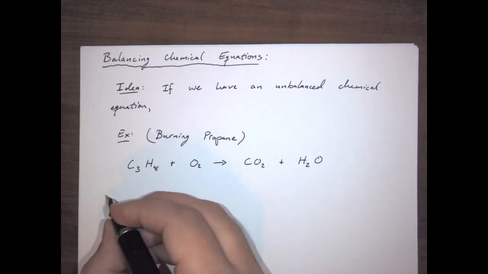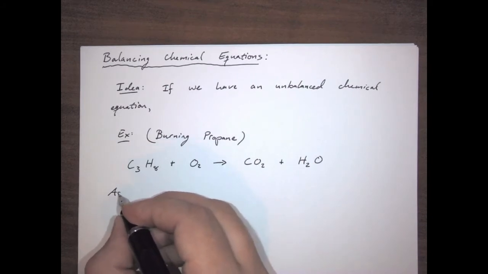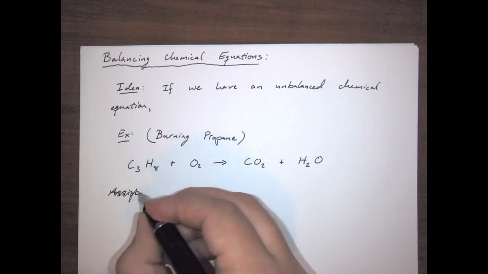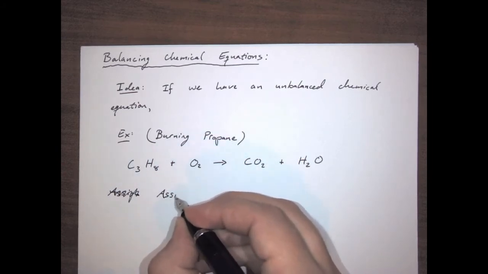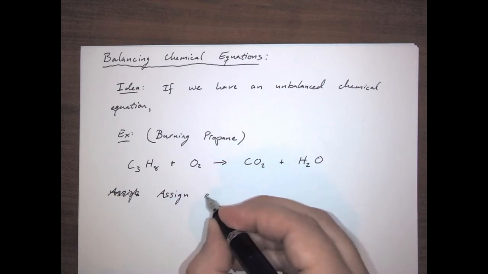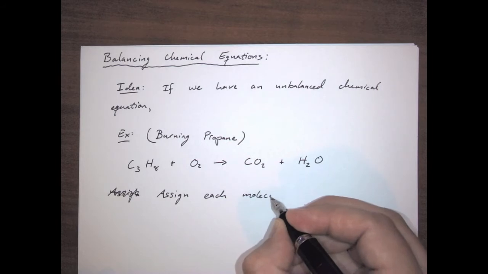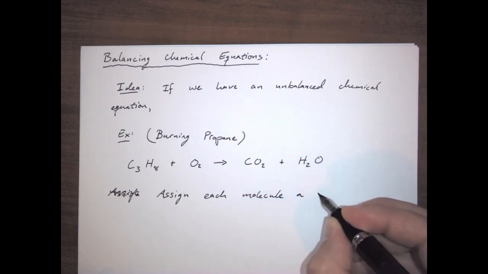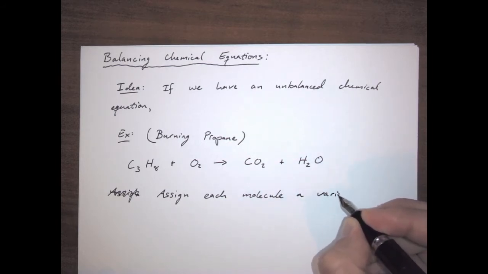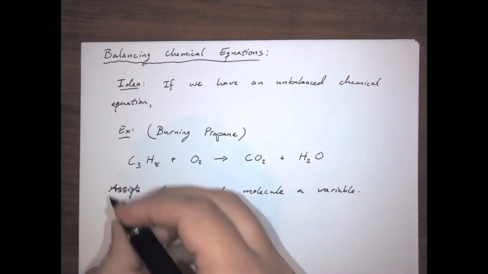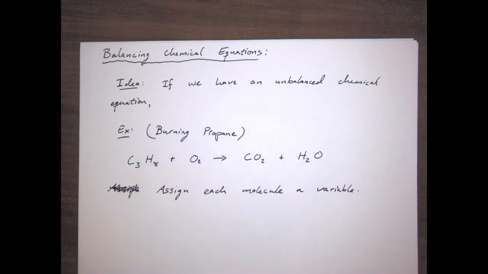So then what we can do is assign each molecule a variable, and then we can turn each molecule into a vector by using a consistent ordering of the elements.